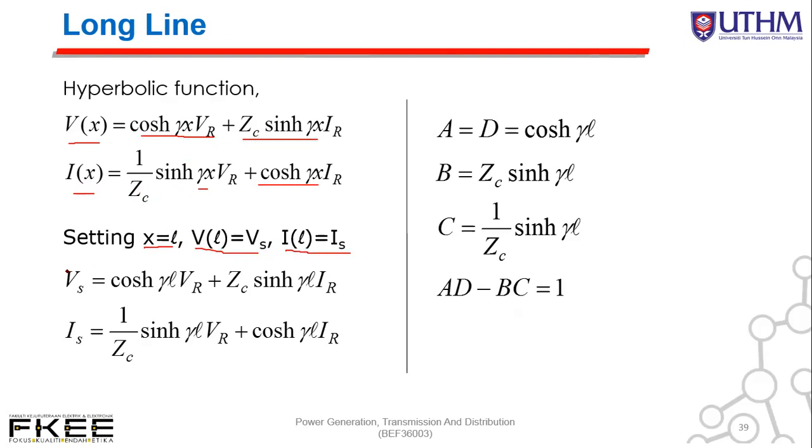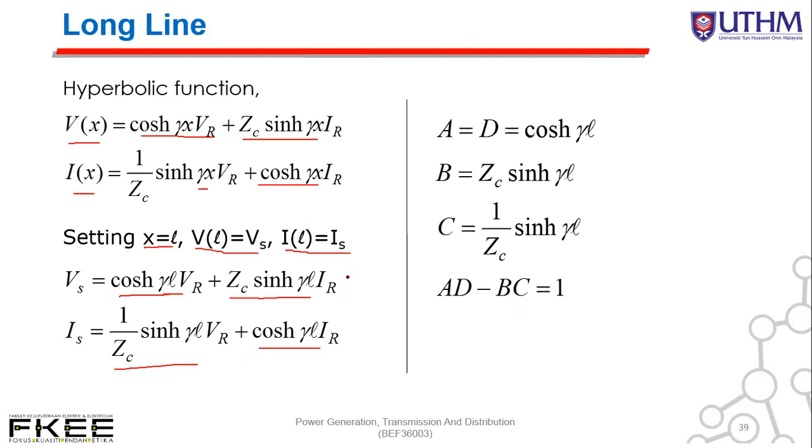Now we get the sending voltage is nothing but cosh(γL) VR plus Zc sinh(γL) IR, while the sending current is 1 over Zc sinh(γL) VR plus cosh(γL) IR.